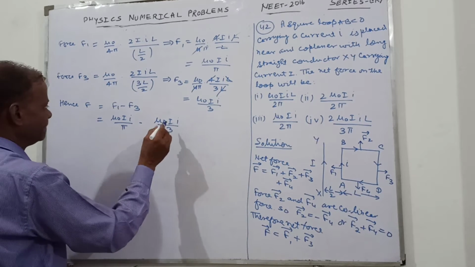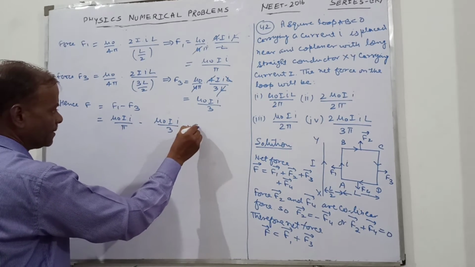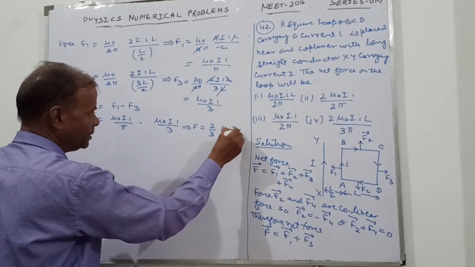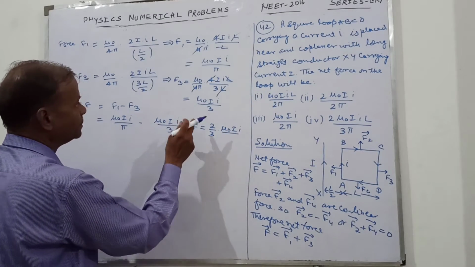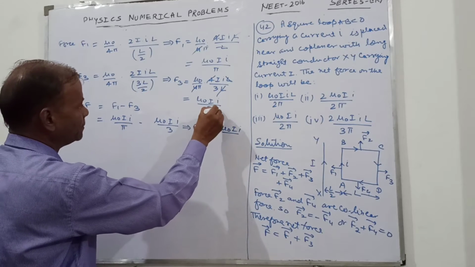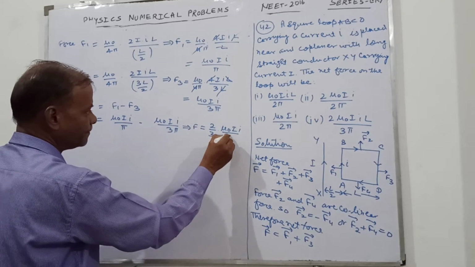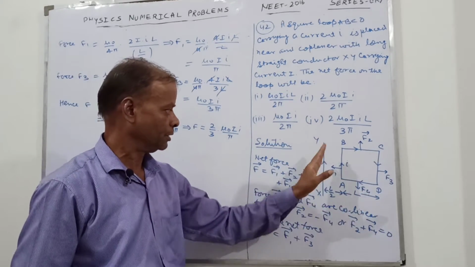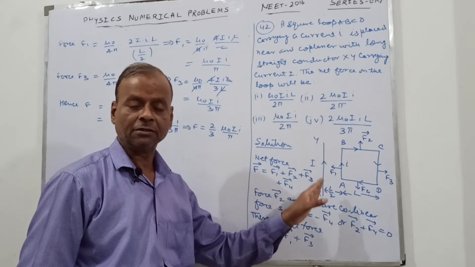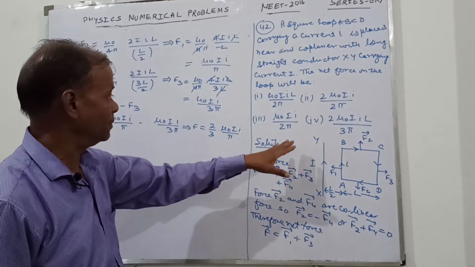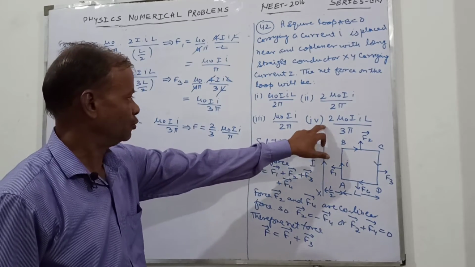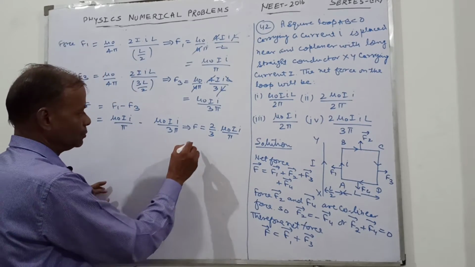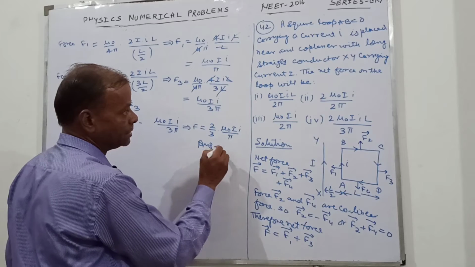This will come out to be 2 by 3 mu naught I into I upon pi. So much force will act on this loop by the conductor XY. So the right answer is 2 by 3 mu naught I upon pi. So our right choice is the fourth.